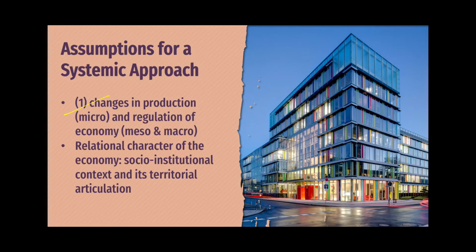First, we have seen changes in the production and regulation of economy. So, production is in the micro and the regulation of economy in terms of the meso and the macro.